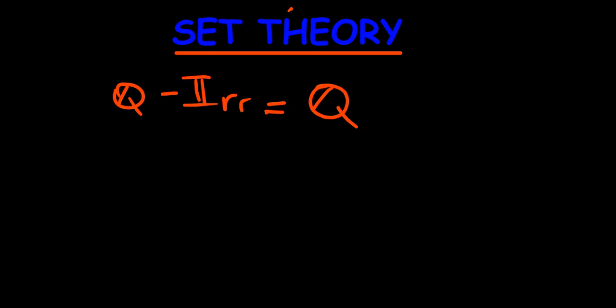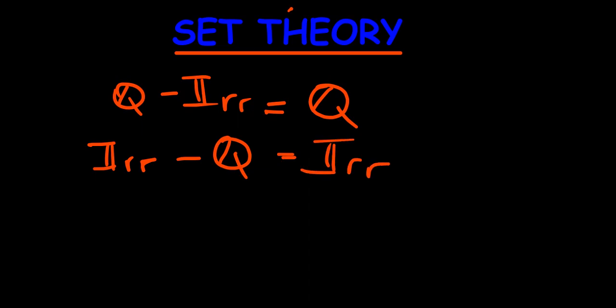Then when we remove rational, in this set difference, we still remain with the irrational numbers, like that. Then we have real numbers. With real numbers, we remove the rational numbers, those that can be expressed in the form of a over b.